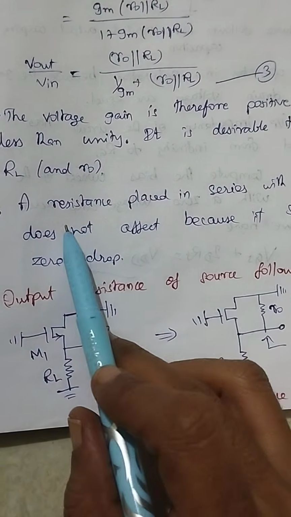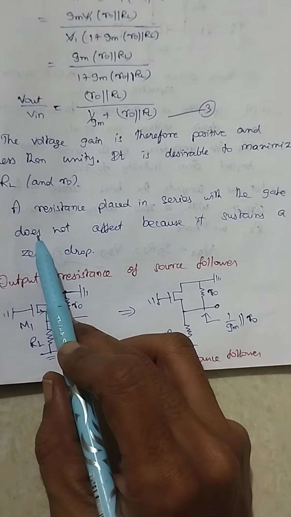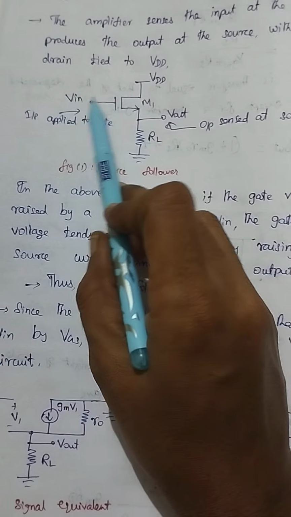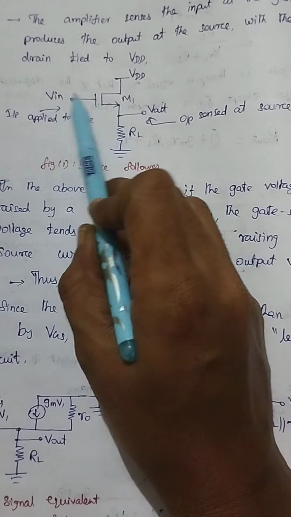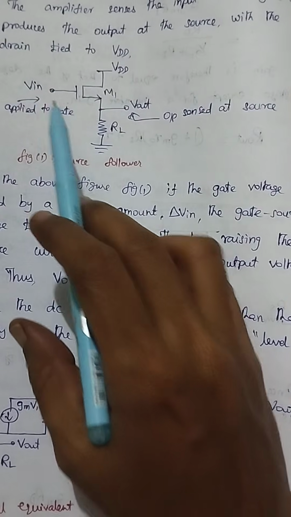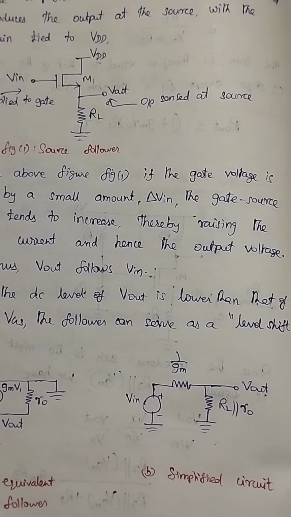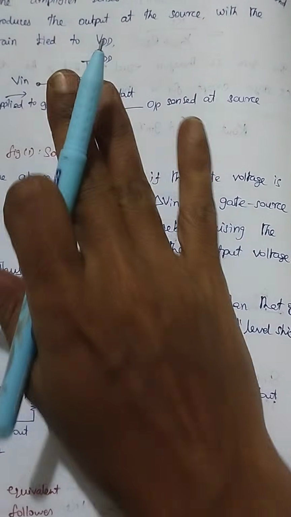Next we are going to see the input resistance and output resistance. For the input resistance, we are giving the input at the gate, so if we have a resistance there, that input resistance won't affect your circuit behavior.